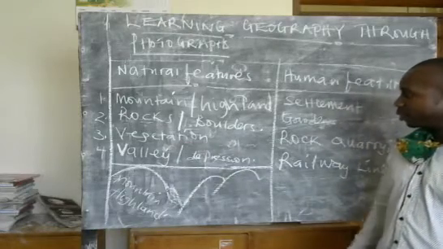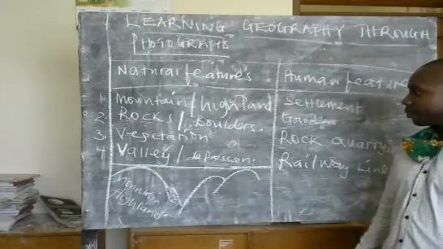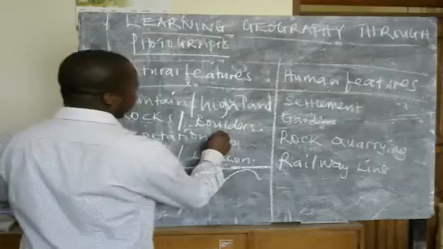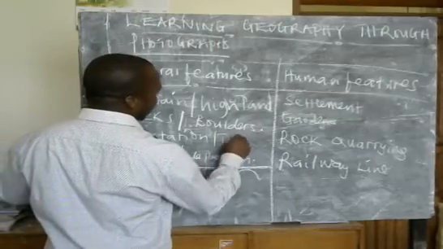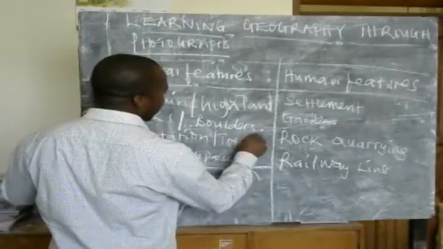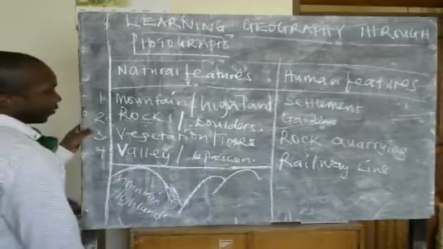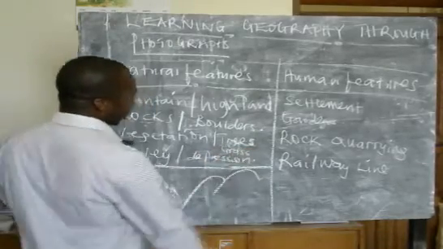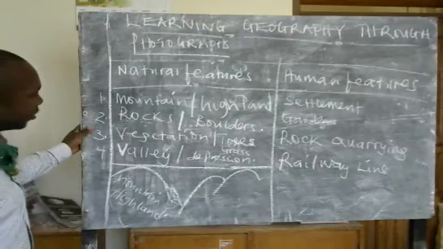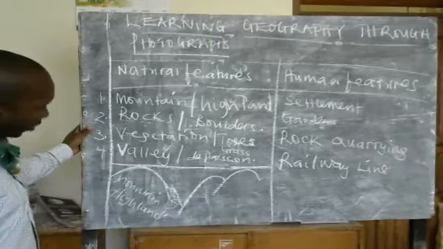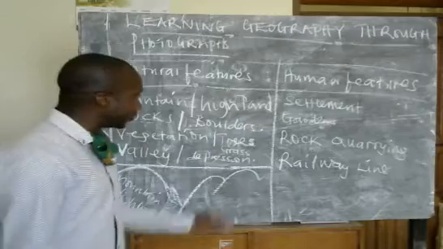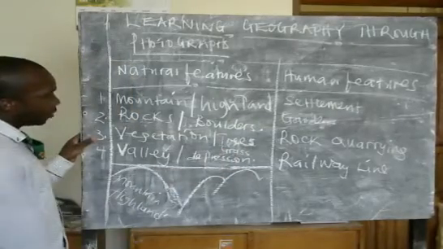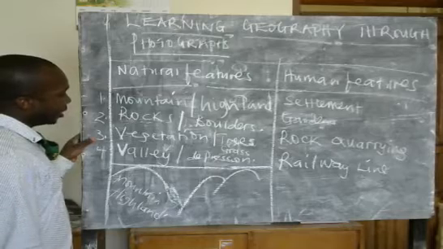Then we also have the green color. That green color is showing the trees. Others have written grass. Trees, grass, good. The trees, the grass, they give us what we call vegetation.